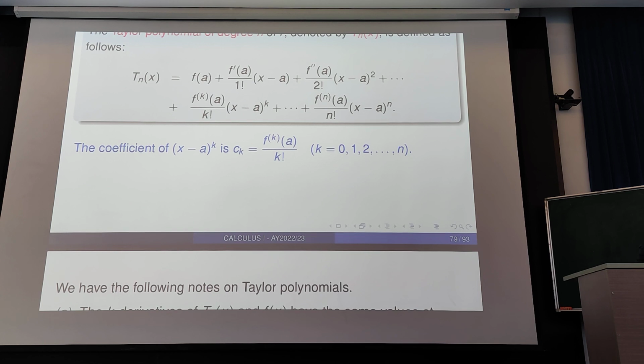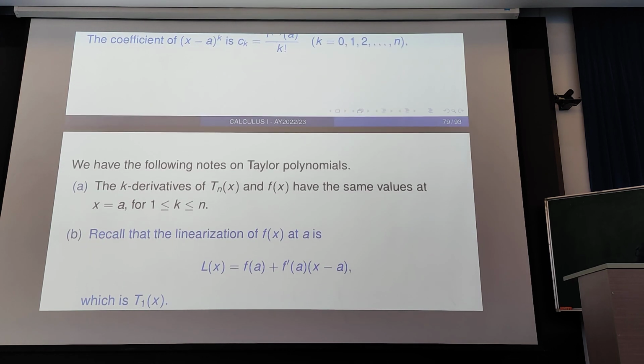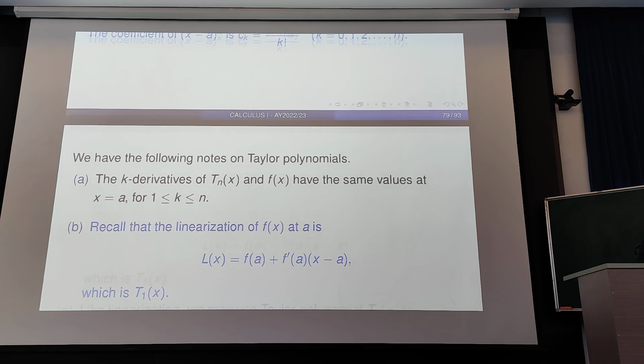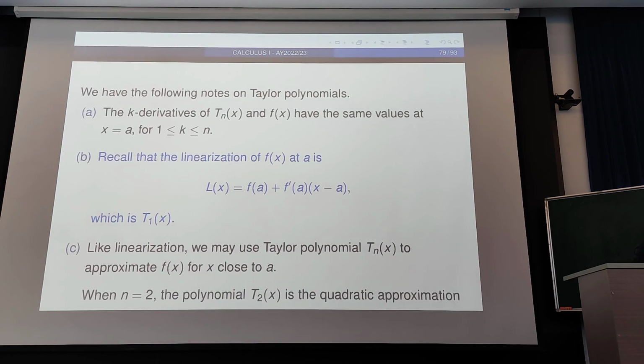That can be considered as an exercise for you. So in part B, you have here the linearization of f at a. This linearization is the first simple method for you to approximate a value of a function, right?